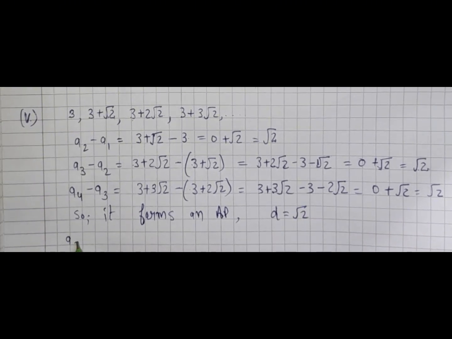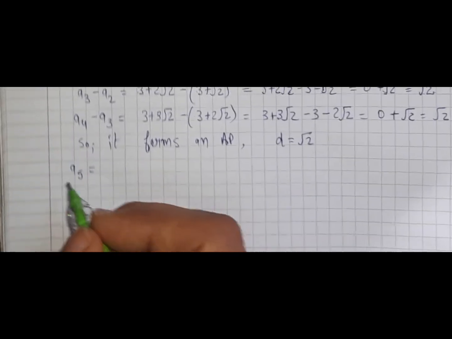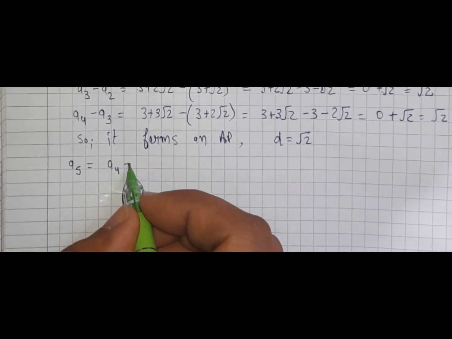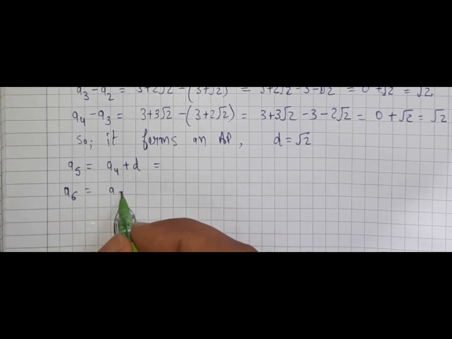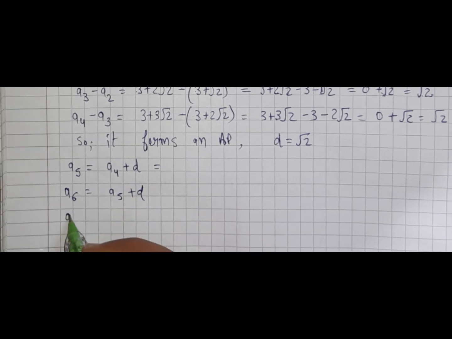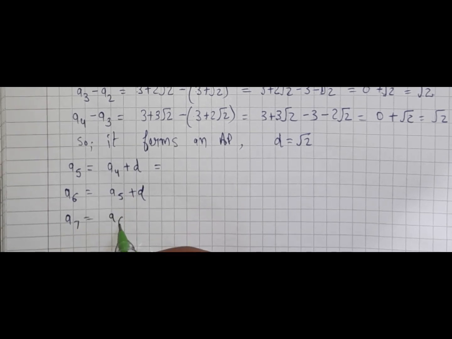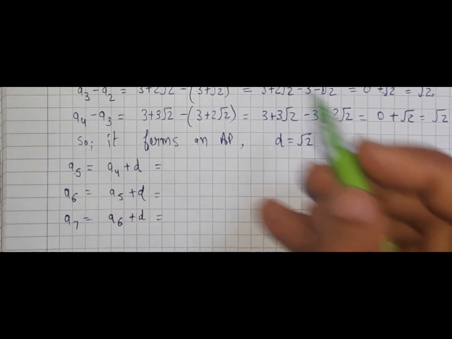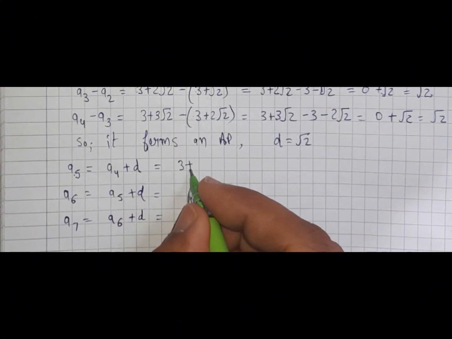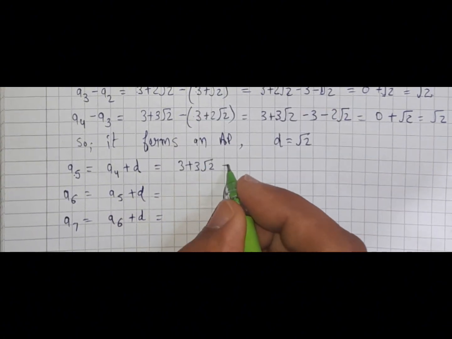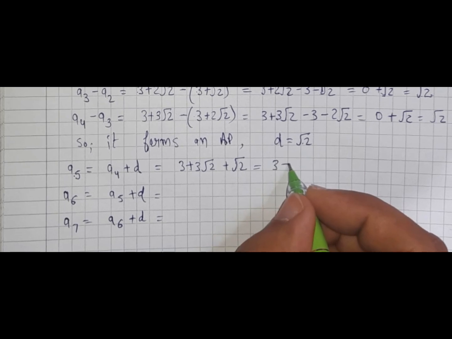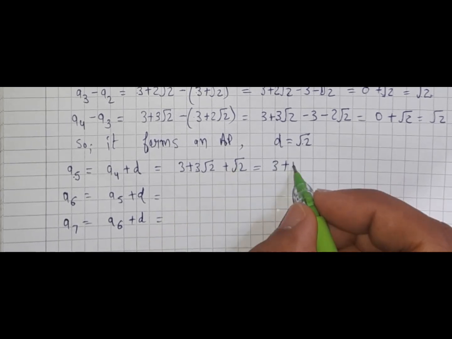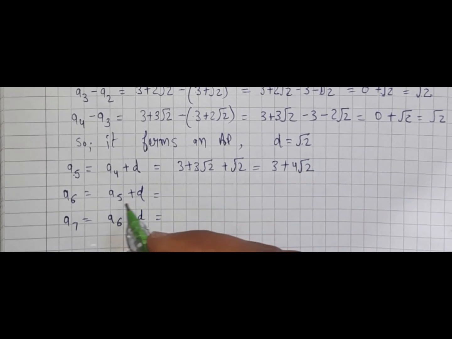So the next consecutive terms are A5 equals A4 plus d, A6 equals A5 plus d, and A7 equals A6 plus d. A4 equals 3 plus 3 root 2 plus difference root 2. 3 plus 3 plus 1, 4 root 2.